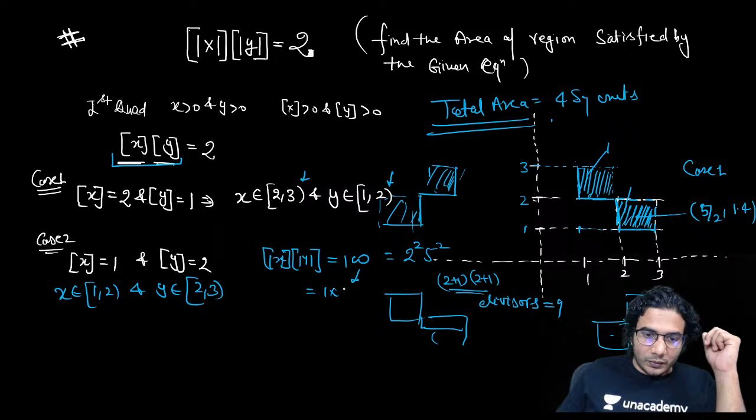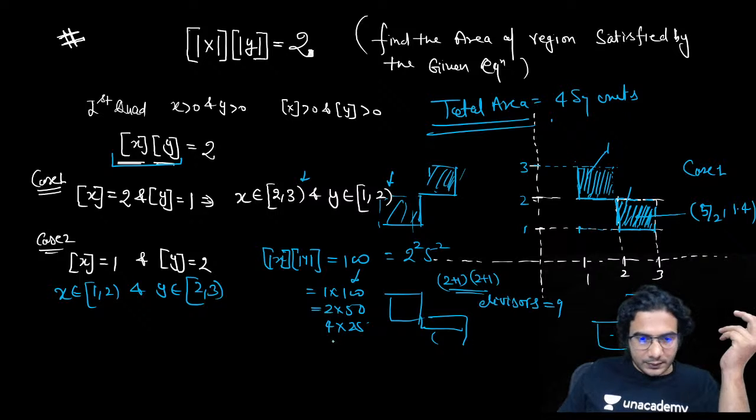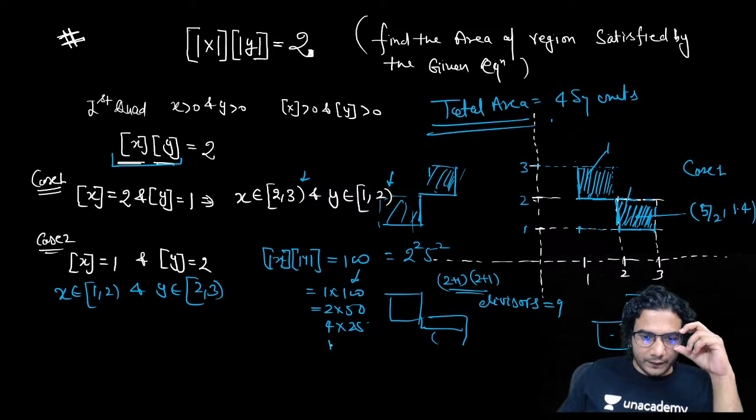9 cases. 1 into 100, 2 into 50, right? And then 4 into 25. Even if you count it, and keep doing it, then 5 into 20, then 10 into 10, right?